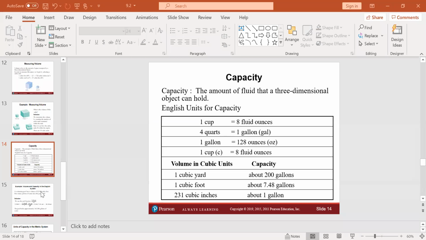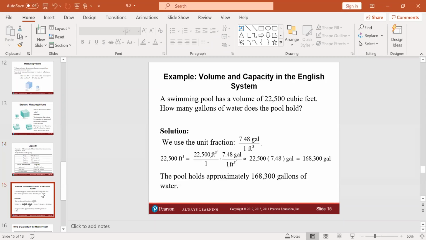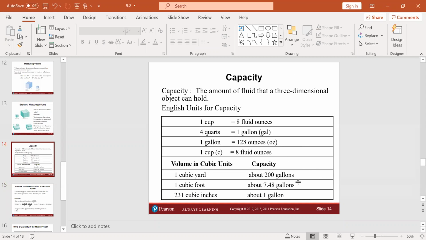So back to what we were talking about with volume, 3-dimensional measures of things. A swimming pool has a volume of 22,500 cubic feet. How many gallons of water does that hold? Well, it's clear we want to go from cubic feet to gallons. So we need to figure out which one we need to use properly.